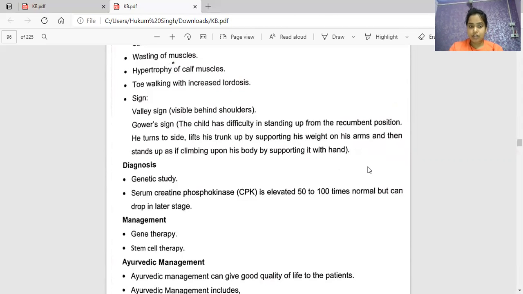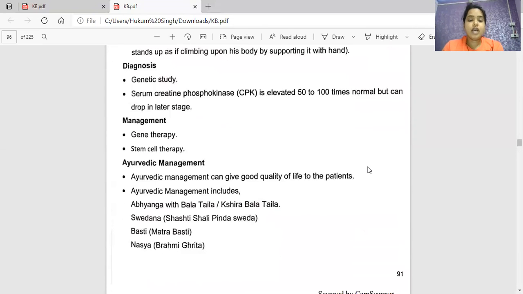So CPK is important. Management is gene therapy and stem cell therapy. Gene therapy and stem cell therapy play a very important role in this management. Ayurvedic management can give a good quality of life to the patient.